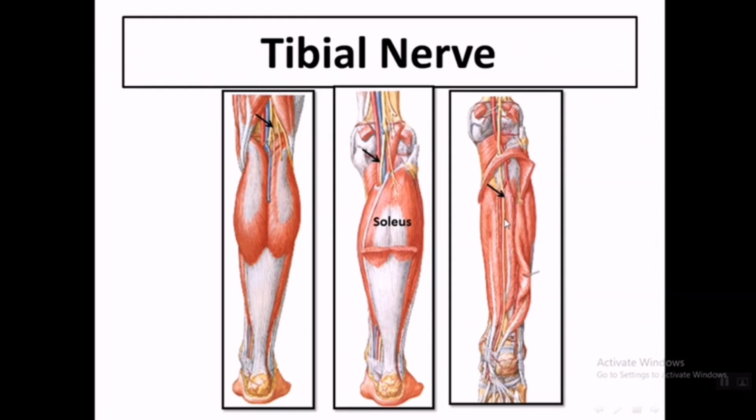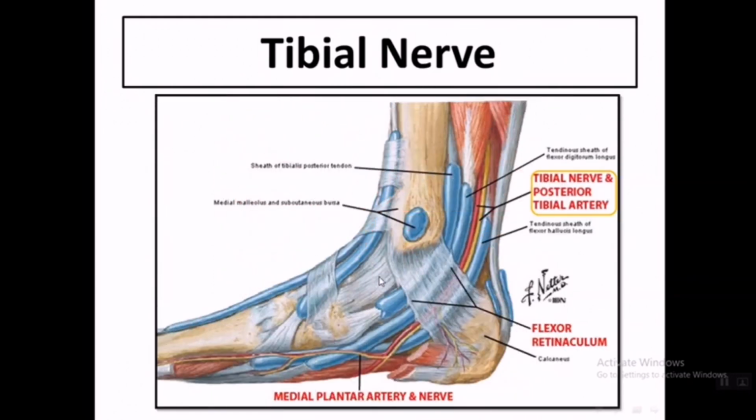It is accompanied by the posterior tibial artery. Then in the region of the ankle on the medial aspect, the tibial nerve, accompanied by the posterior tibial artery, are both situated between the tendon of flexor digitorum longus and the tendon of flexor hallucis longus.